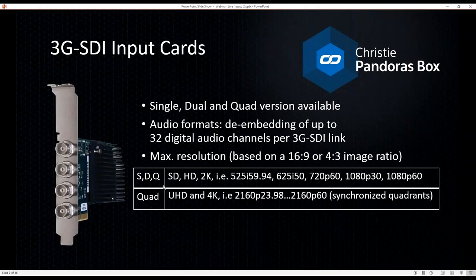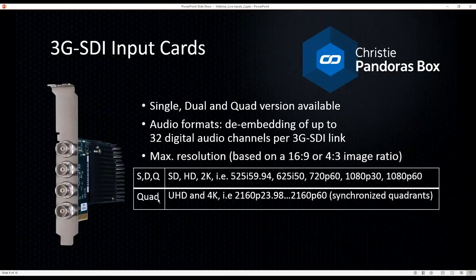For the resolutions, for the single, the dual, and the quad card, we support pretty much all the standard SD, HD, or 2K signals. So I've just written down some common SDI formats, which would be NTSC over here, the PAL version, the small HD version, the full HD, and the 2K resolution.